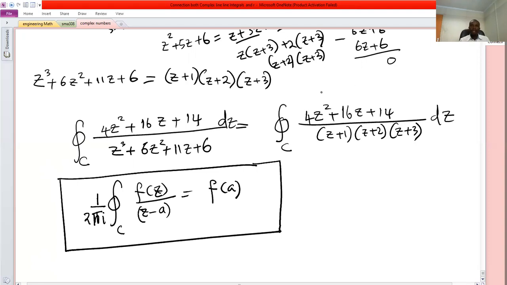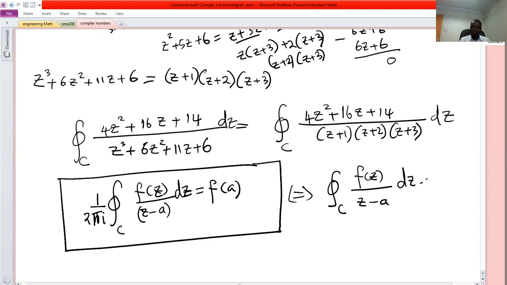So if we relate this to the structure here, it is the same thing as saying the integral of f(z) over (z - a) is 2πi f(a). So f(z) from this question is 4z² + 16z + 14.